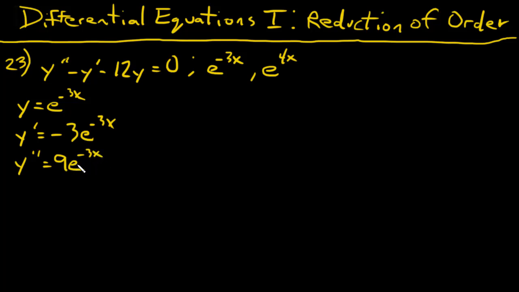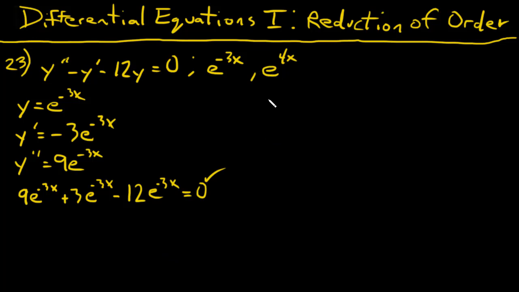If I now plug these values into my differential equation, I'm going to get 9e to the negative 3x, and then minus the y prime, so it's going to become plus 3e to the negative 3x, and then minus 12 times e to the negative 3x. So 9 plus 3 gives me 12, minus 12 gives me 0. So that one is a solution.